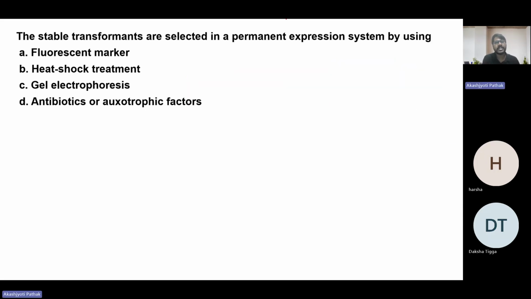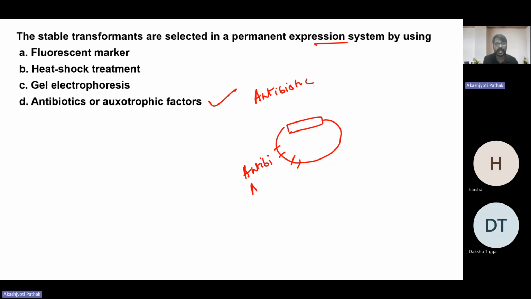So the transformants and stable transformants are selected in a permanent expression system by using what? So you were using the antibiotics, right? So the answer is antibiotics or auxotrophic factors. Basically, the plasmid where you have your cloned gene of interest has different selectable markers. Those selectable markers can be your antibiotic resistance genes, or they can be these auxotrophic factors like URA3 that we were discussing.